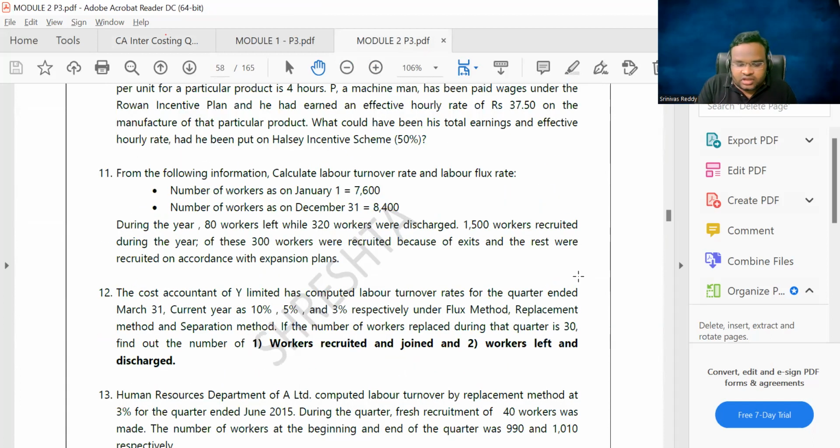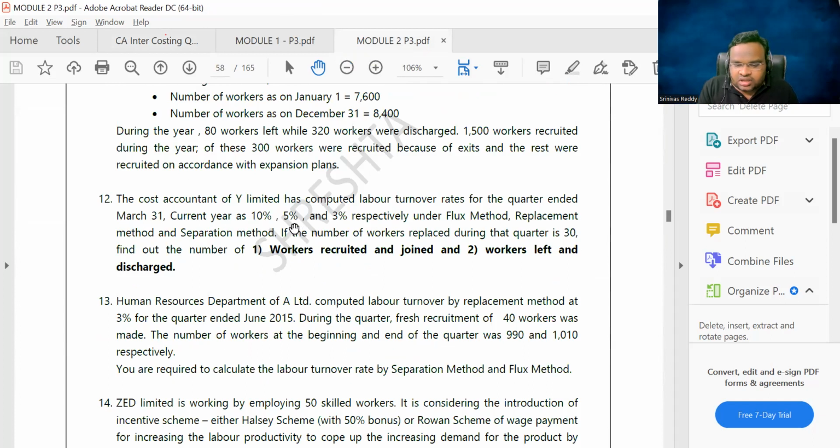See, in this case, there are given flux method, replacement method, separation method, workers recruited and joined, workers left and discharged. So this is the same question given in terms of question number 2.